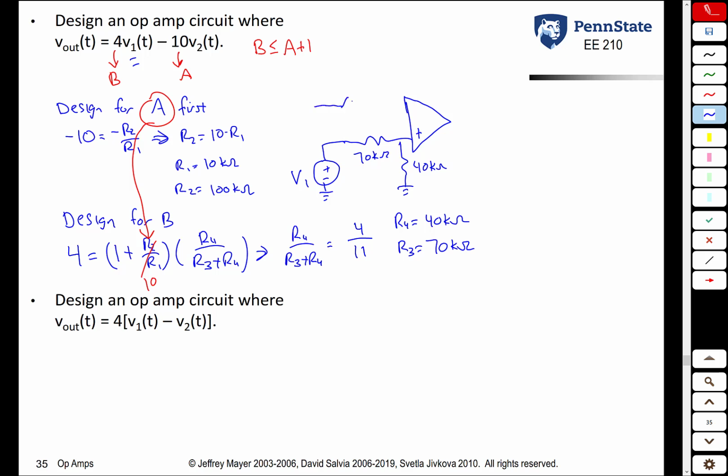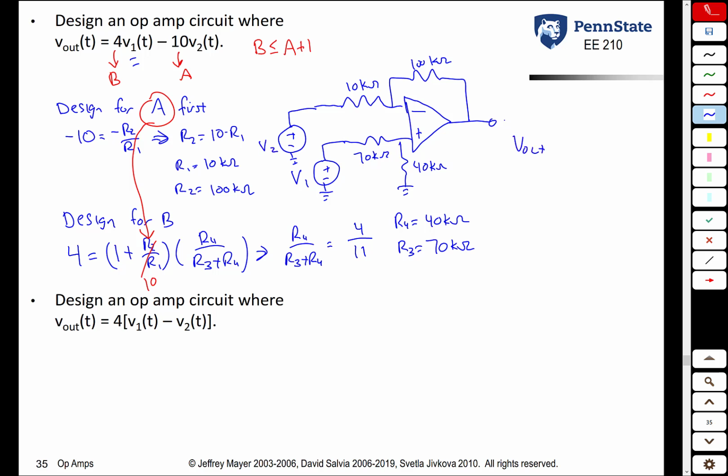Then the second half connected to the inverting side of the op-amp. R2 we said was 100 kiloohms. R1 was 10 kiloohms. And V2 is connected here.